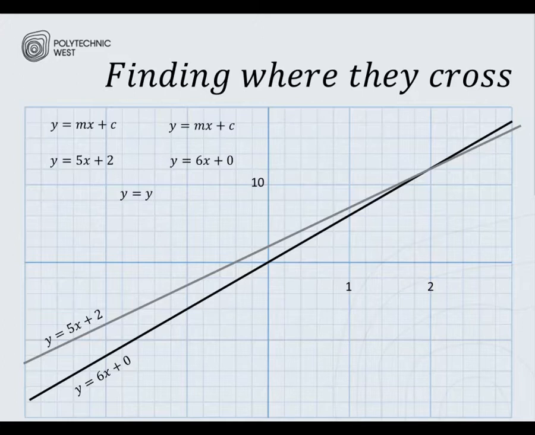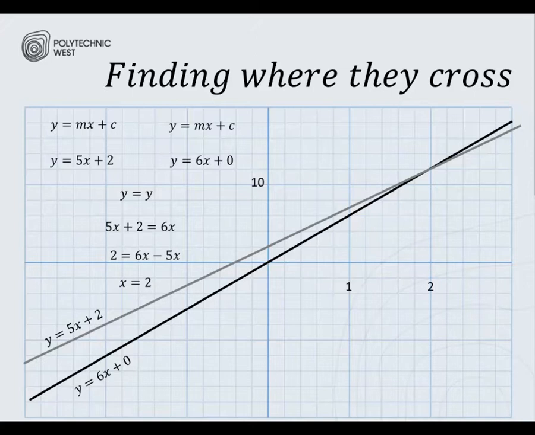But if that part of the equation equals, then the other part must equal as well. So 5x plus 2, that's from my equation, must equal 6x from Tanya's equation. And they both have the same x, so x is the same in both cases. So rearranging that then, I get 2 equals 6x minus 5x, and x equals 2.